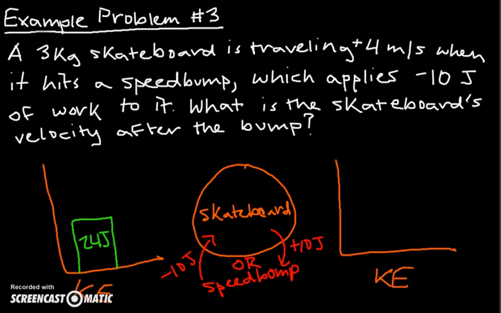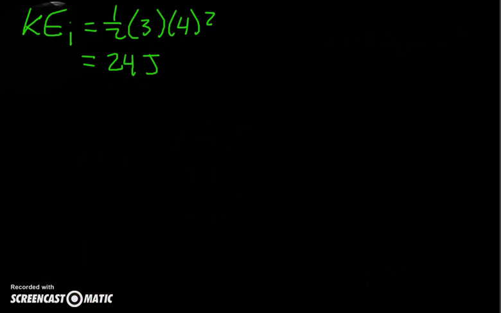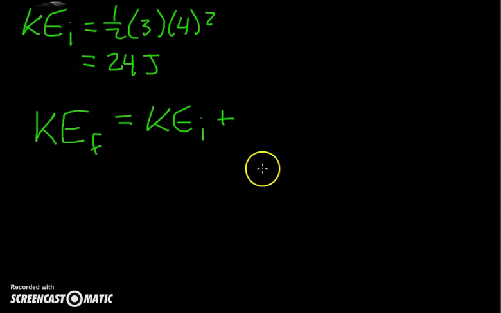So, in order to find our kinetic energy final, we are going to have to add up or subtract, depending on your definition or interpretation. The final kinetic energy is equal to the initial kinetic energy plus any work that we may have had.